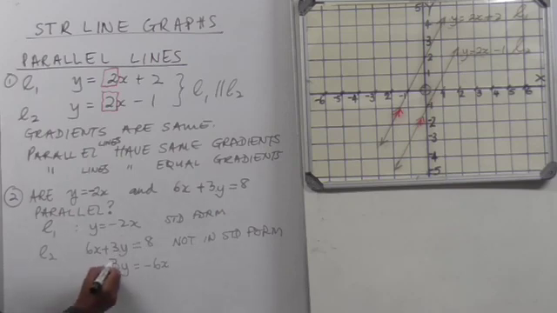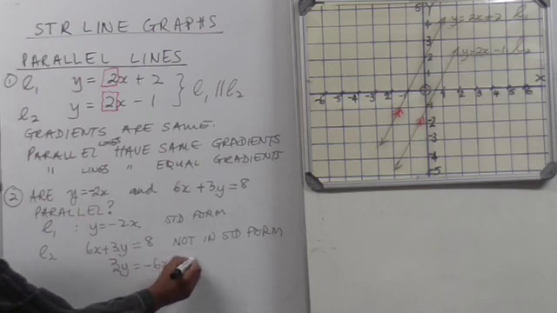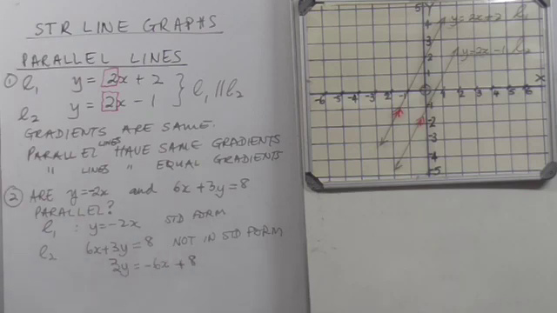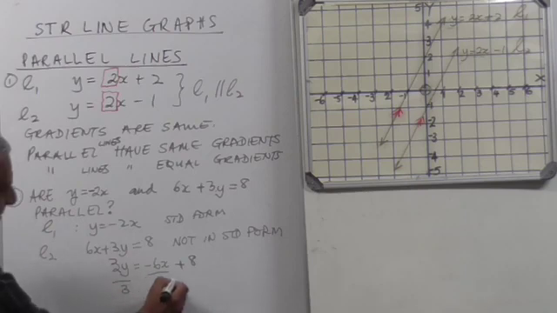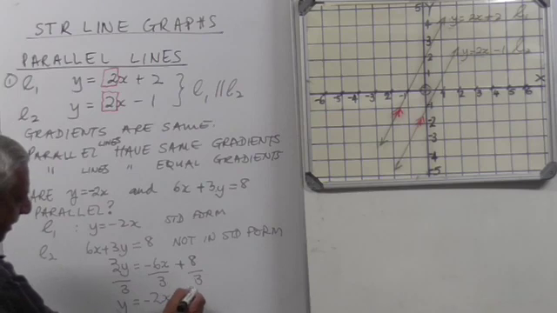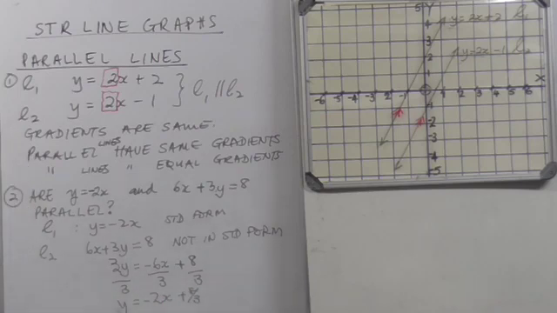So here we have 3y is equal to negative 6x plus 8. Now you're going to divide by 3, and that will give you y is equal to negative 2x plus 8 over 3.